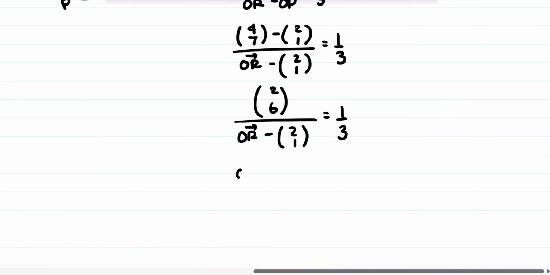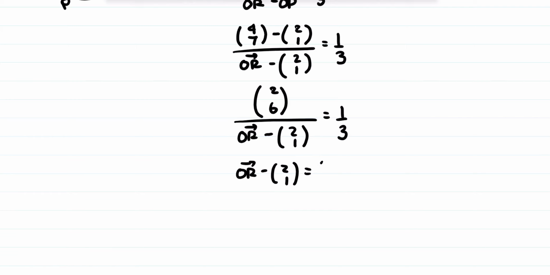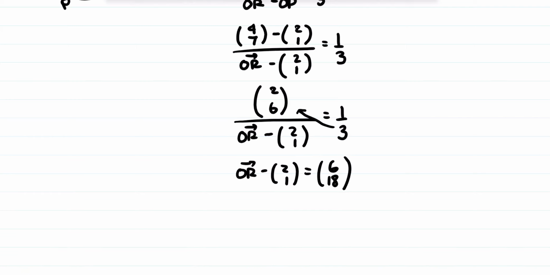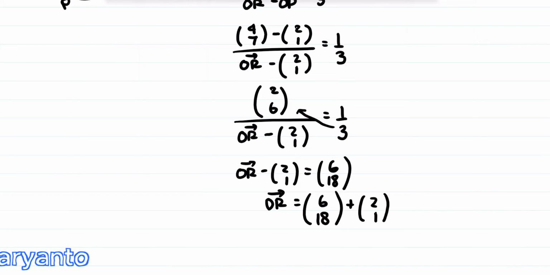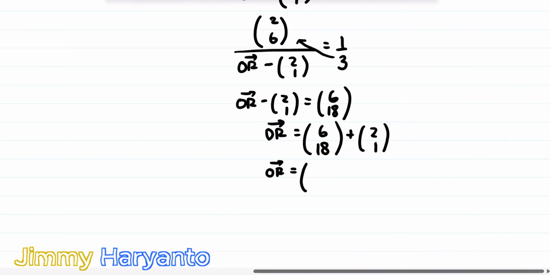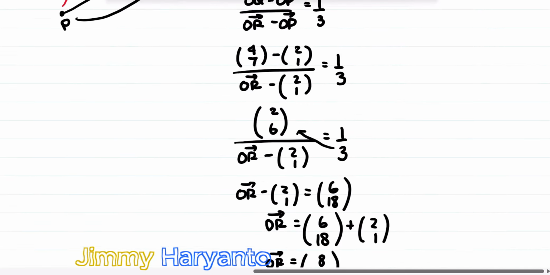Then cross multiplication: OR minus (2, 1) equals this one multiplied by 3, you have (6, 18). Then OR equals (6, 18) plus (2, 1). You have OR equals (8, 19).